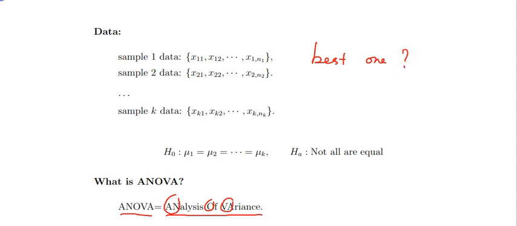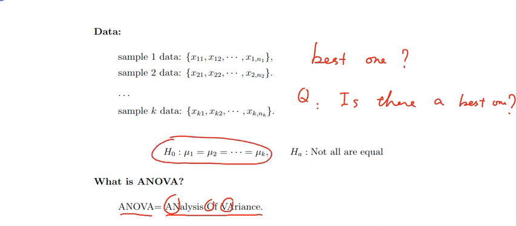But before we try to find the best one, we need to answer this question: is there a best one? This means that if they're quite the same, with no much difference, then there is no best one, right? So let's recheck this. Here all those are quite the same, so no best one.